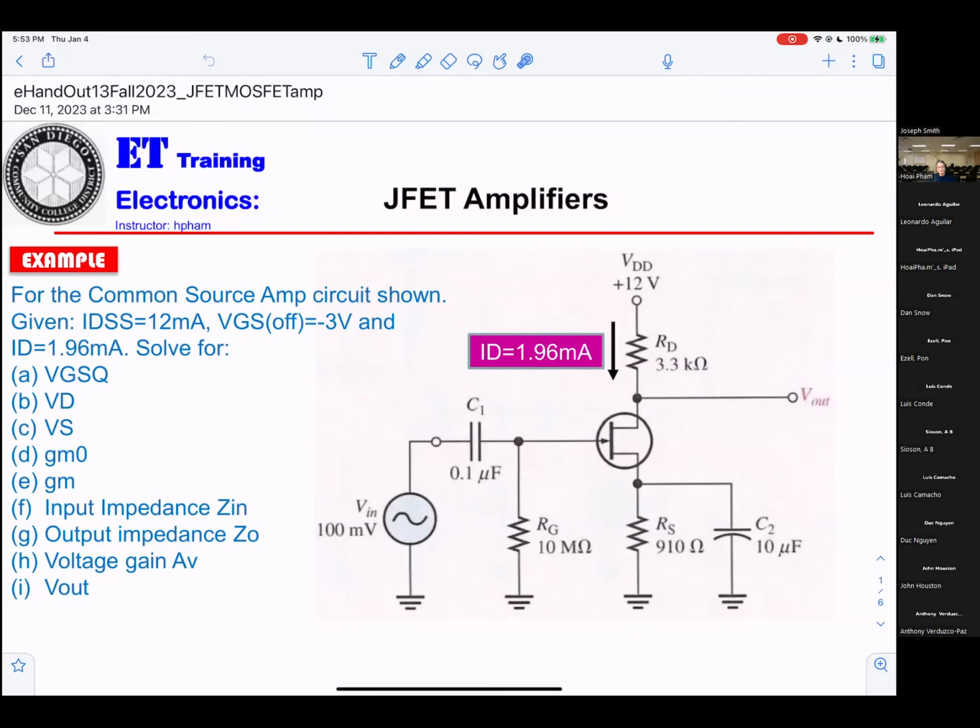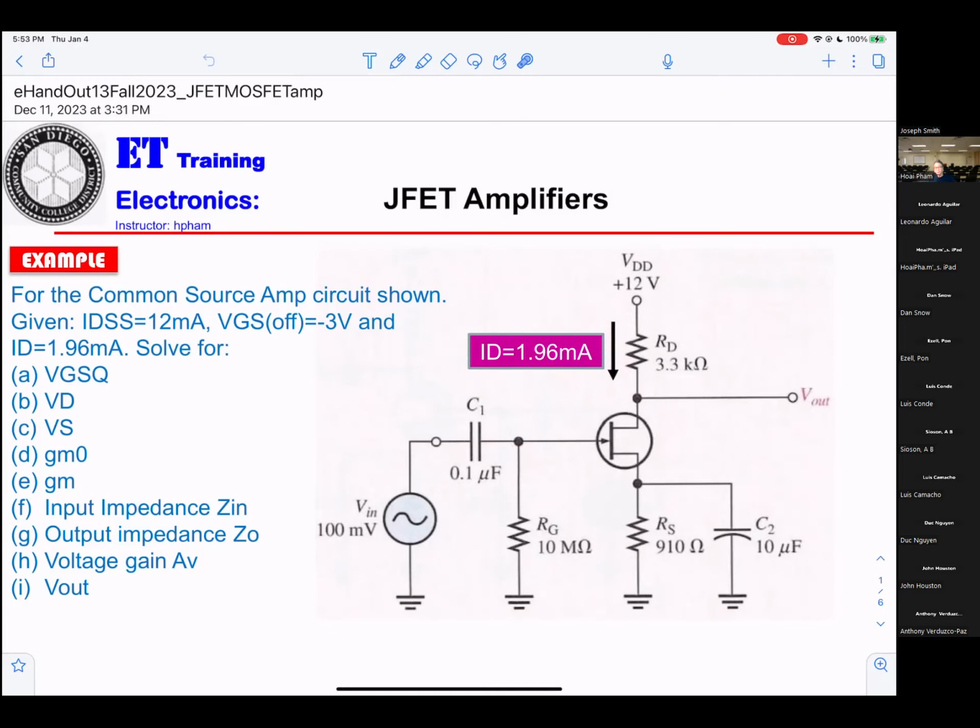And for self bias, if you want to solve for anything, you need a graph. However, normally they're not using the graph. If not, then they give you the current ID. You see that? They give you the current ID, 1.96 milliamp.